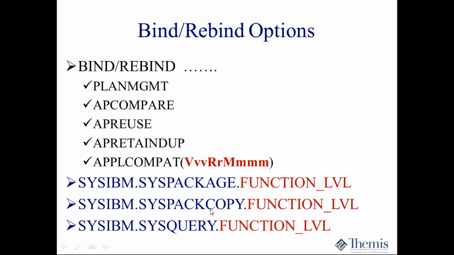In syscopy, it will keep the previous and original package function level when it was bound and the Apple Compat. And if you use stabilized dynamic SQL, dynamic packages, in sysquery, it'll have the function level of when the row was inserted.